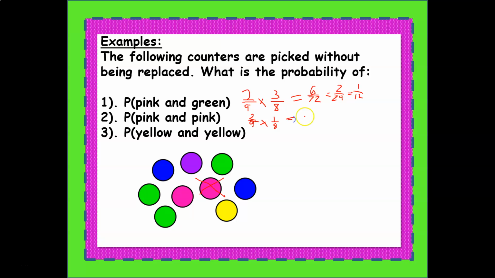So we end up with 2 over 72, or 1/36. So the probability of drawing a pink and then a pink is 1/36.